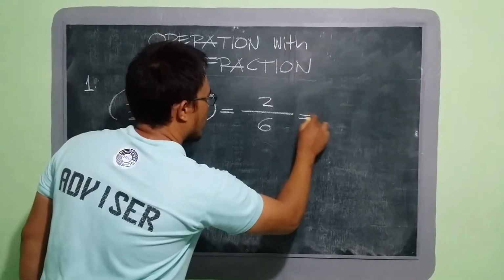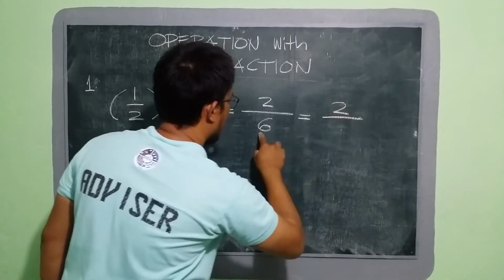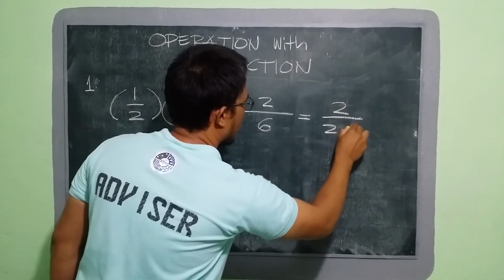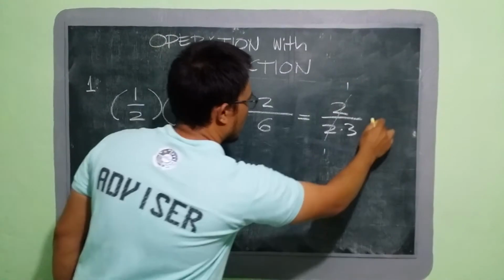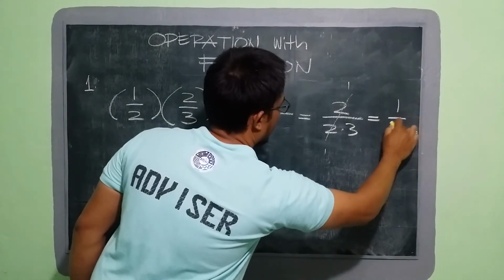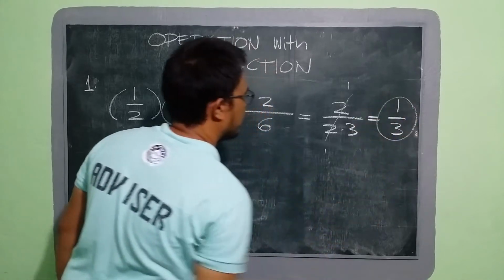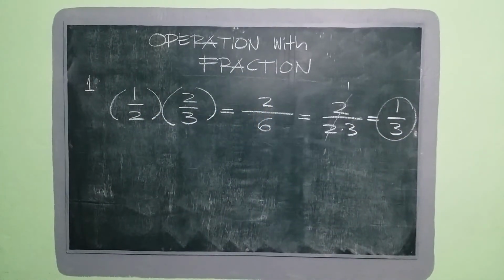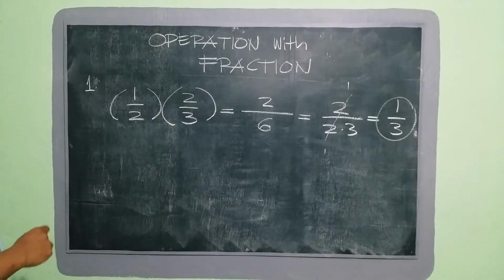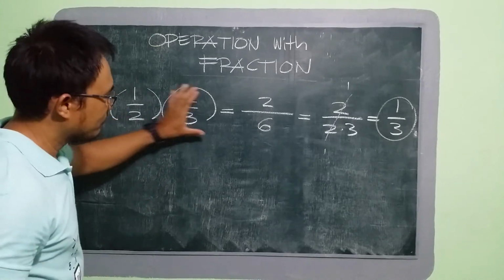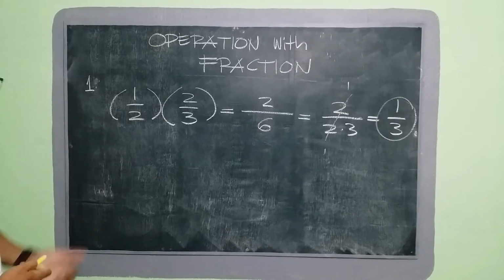It's equivalent to 2 over, the factor of 6 is 2 times 3. So we cancel out 2, 1. So our final answer is 1 over 3. Or simply cancel, but we're doing it the basic way.